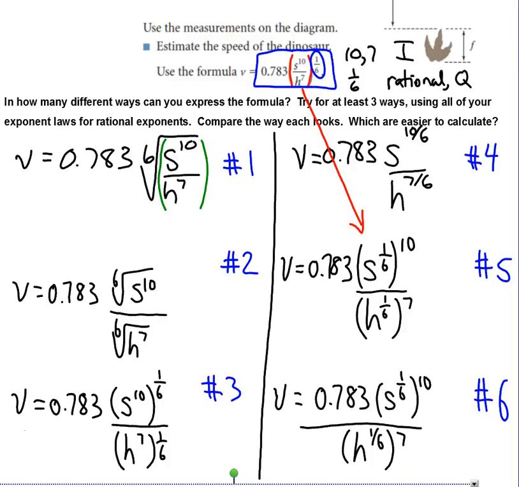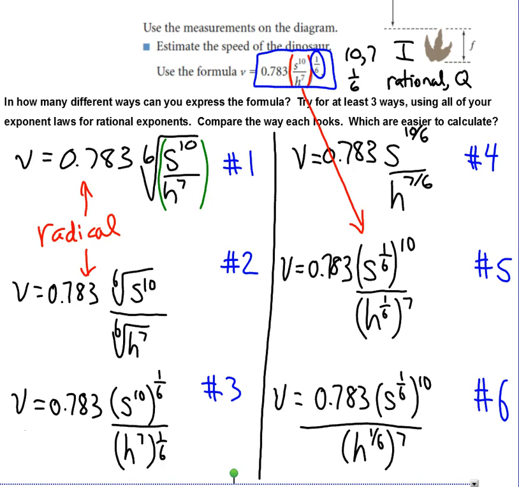If you're unfamiliar with your calculator and you didn't know where the root buttons were and you didn't know how to evaluate a radical on your calculator, probably version 1 and 2 would be the least desirable to use because both of these rely on radical operations, okay, directly.